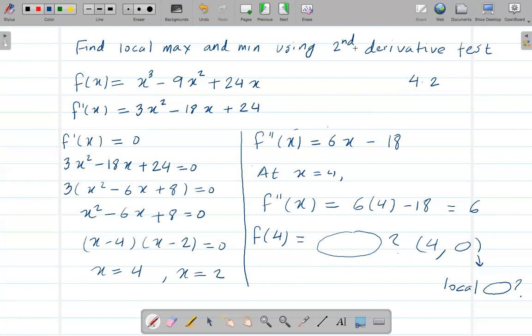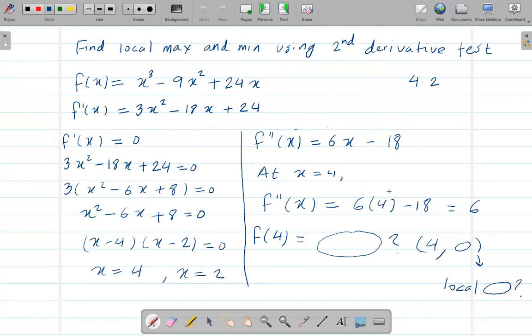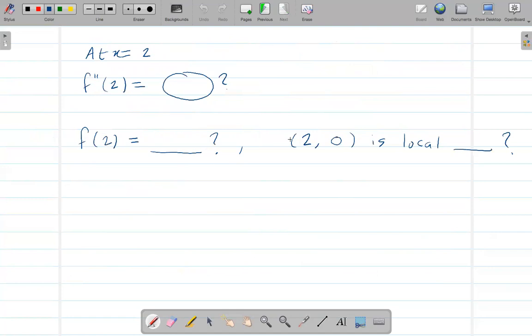I explained everything, it's just that you have to use this. Do that by yourself and submit it by tomorrow. This is a quiz problem: whenever I have a question mark here, that means you need to find those things. That's going to be the quiz problem.